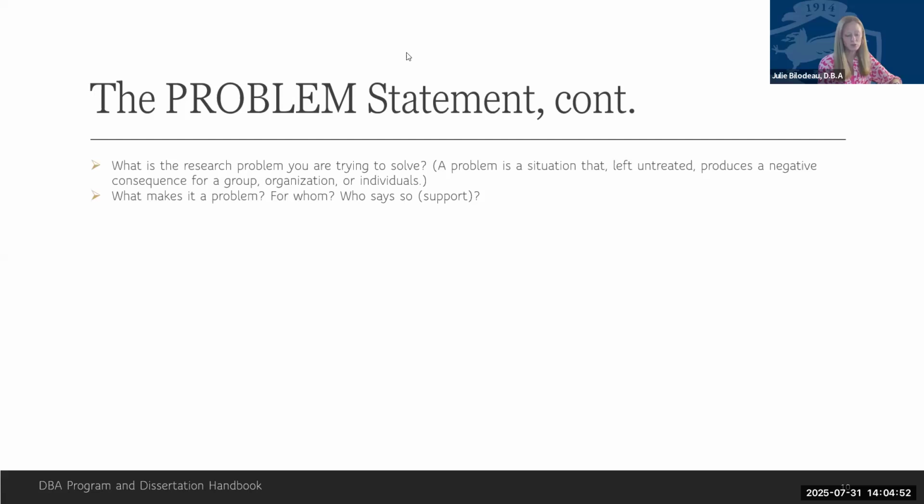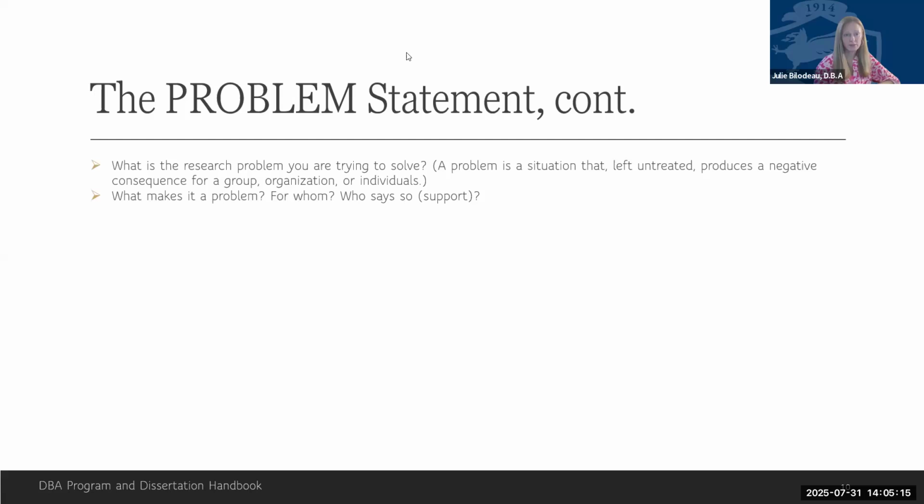But did we get a little closer? Did we contribute to the knowledge base? Did we offer something that can help move the ball a little bit further down the road, right? So this problem is a problem because if left untreated, it could have negative consequences on either, you can see here, a group, organization, or individual.